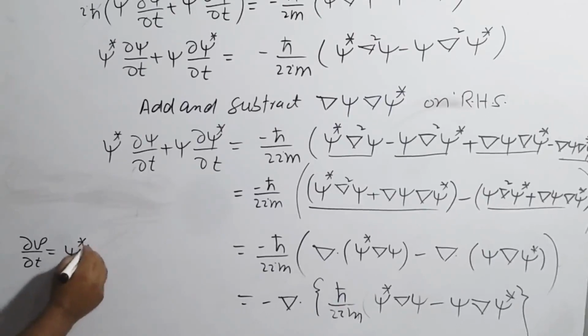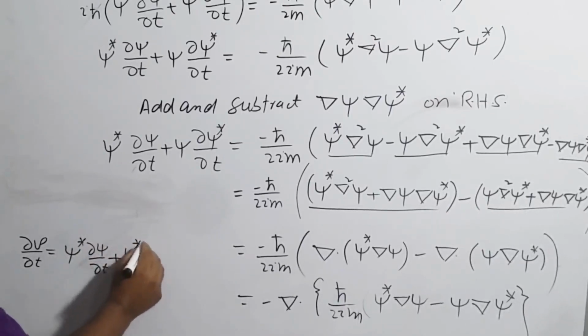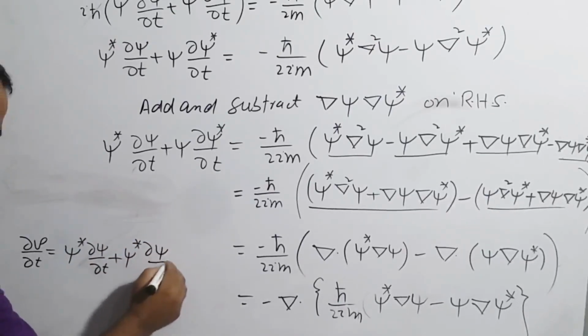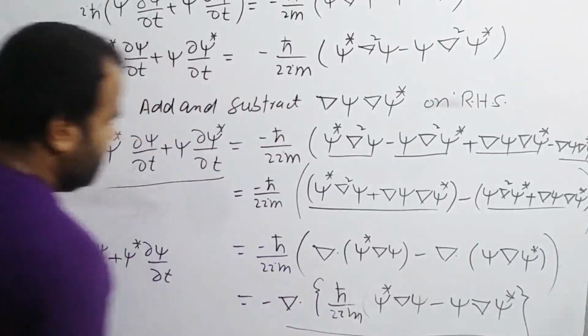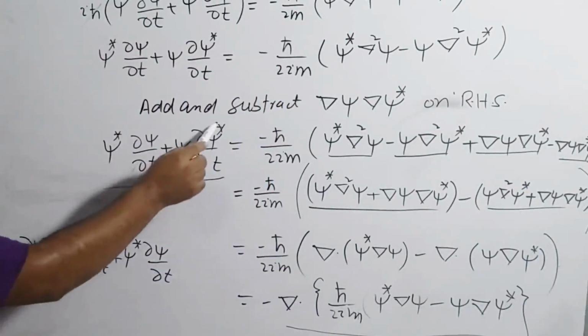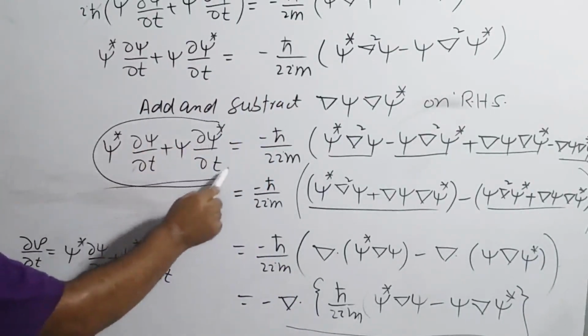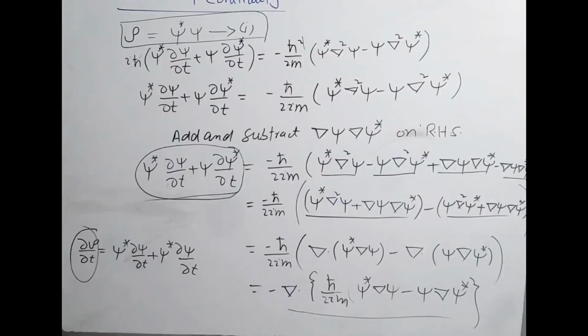Since this is the left hand side and this is the right hand side, we can replace this value by partial rho over partial t.